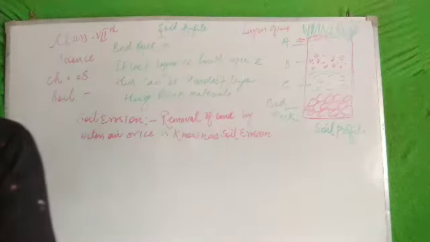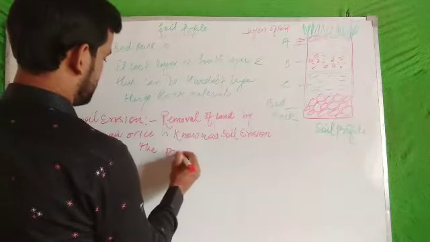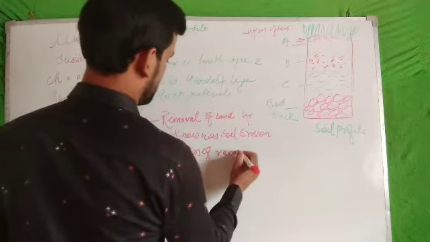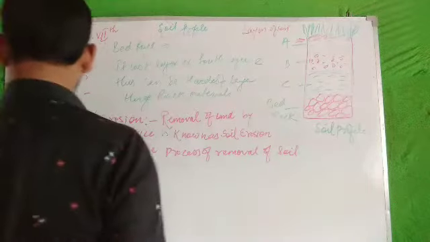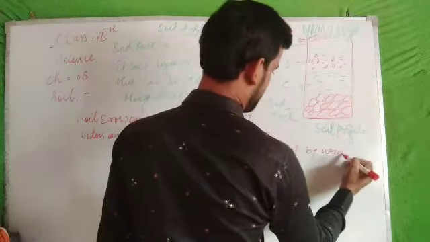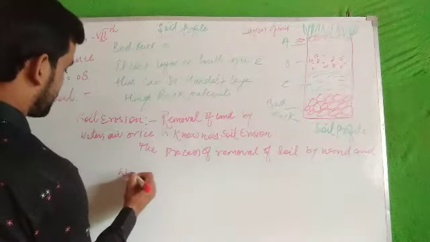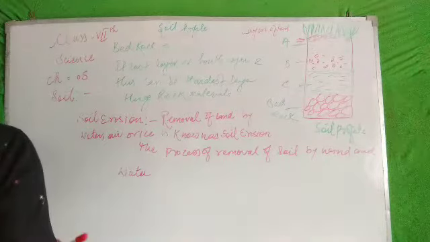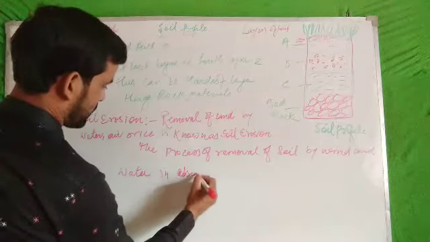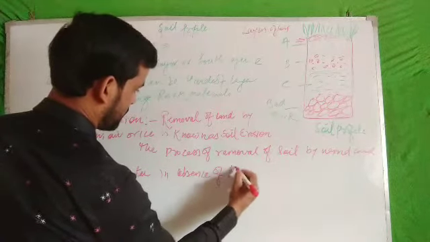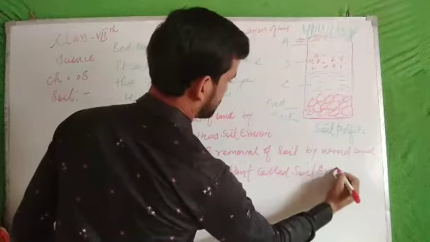Now we can say the process of removal of soil by wind and water, in the absence of plants, is called soil erosion.